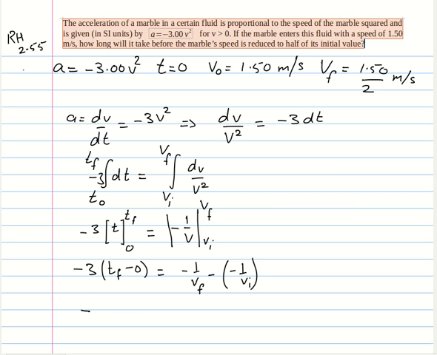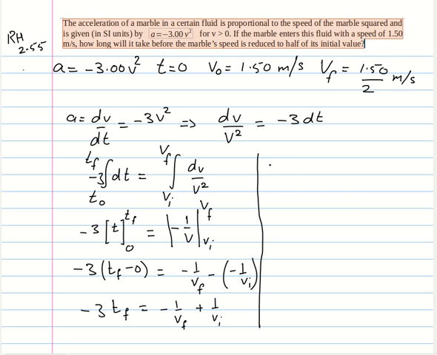So this is equal to -3 tf equals -1 by vf plus 1 by vi.